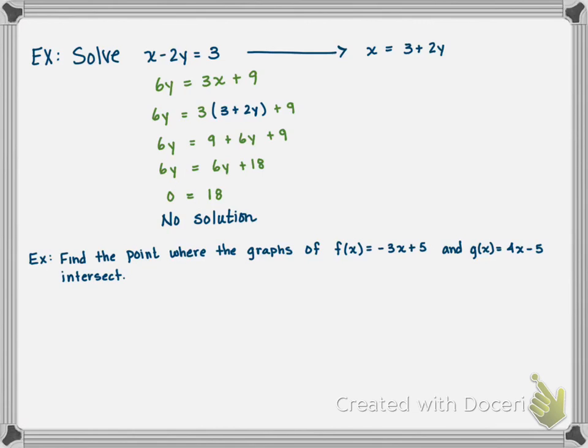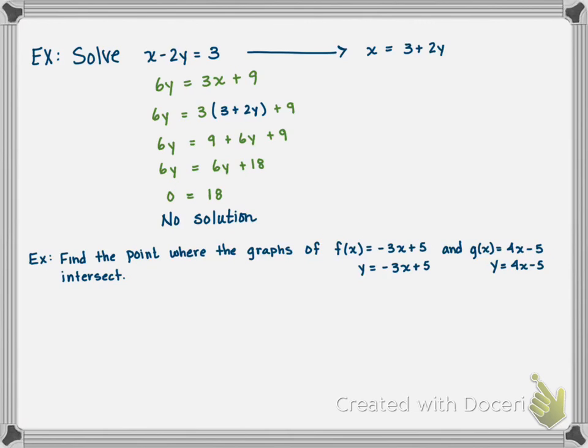So remember that when we have something in function notation, this is identical to y equals negative 3x plus 5. And the graph of this one is given by y equals 4x minus 5. So really, when they're in function notation, all we have to do is set the outputs equal to each other, right? f of x is equal to some expression, g of x is equal to some expression.